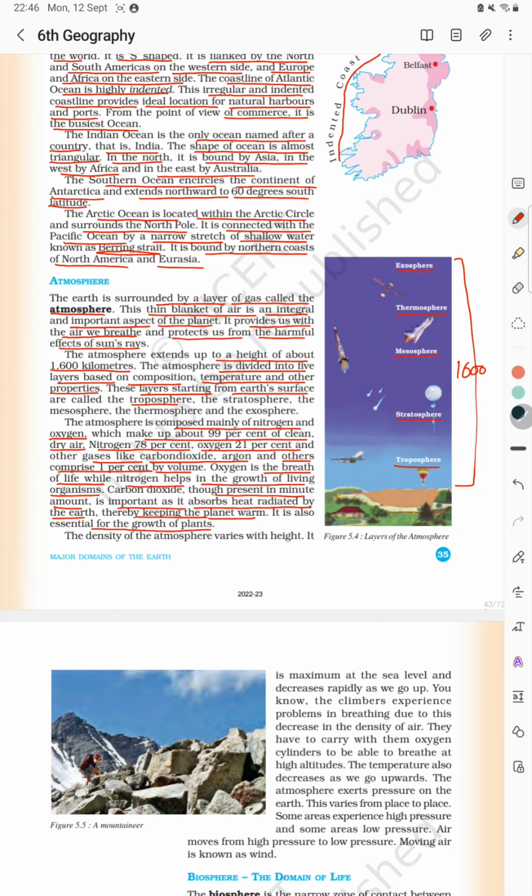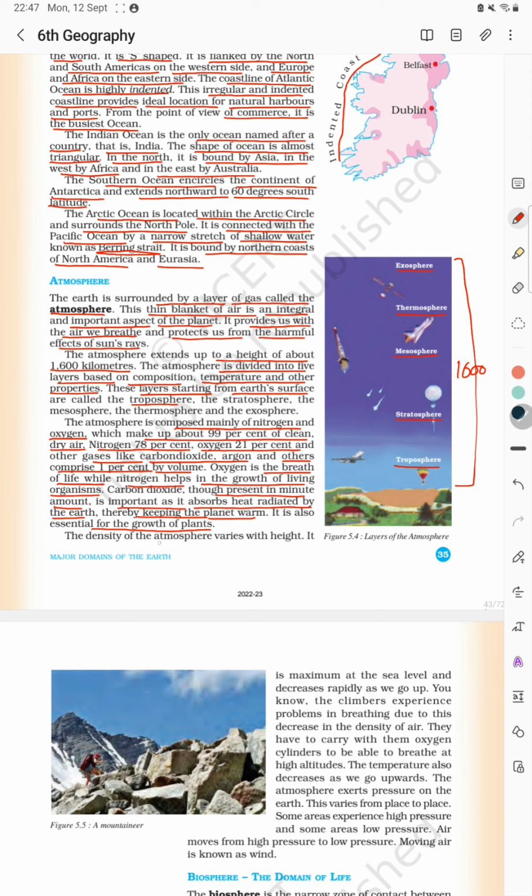So carbon dioxide, though present in very small amount, is very much important for us because it absorbs the heat radiated by the earth to keep the planet warm, and is also essential for the growth of plants.